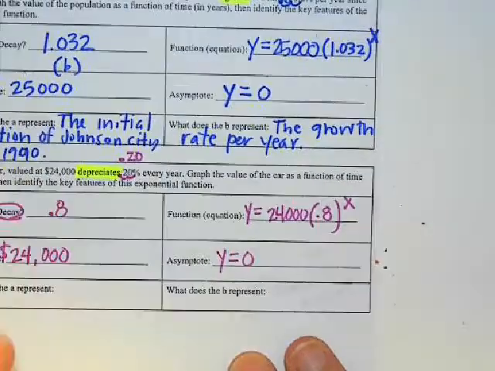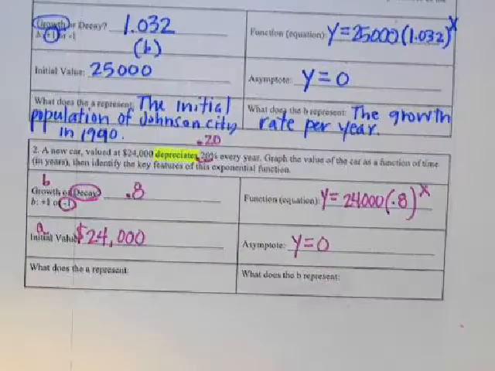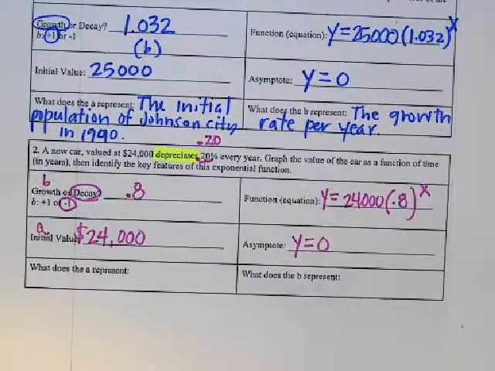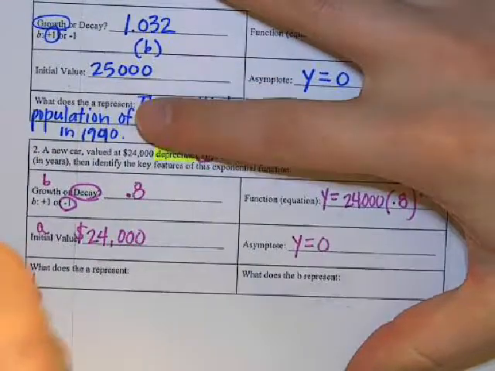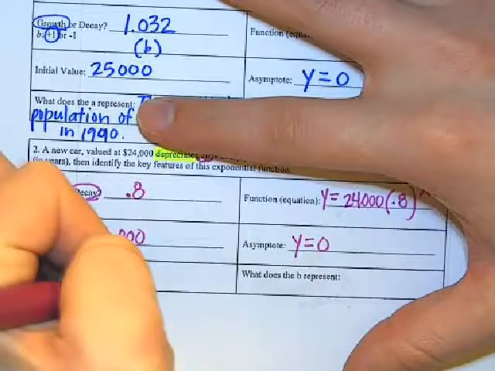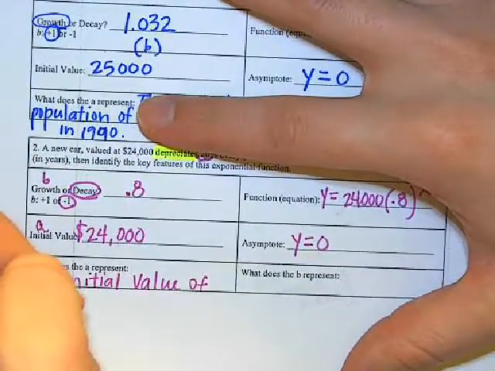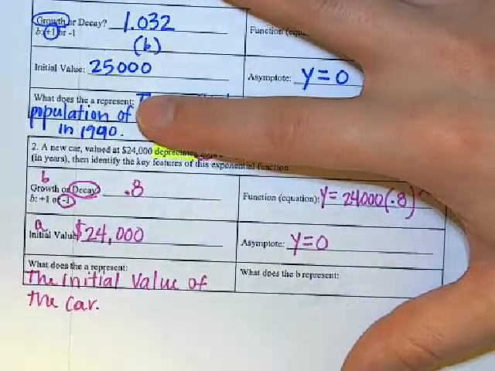Very good. All right, in real words, what does the A represent? Good, the initial value of the car. So how much it was worth to start.